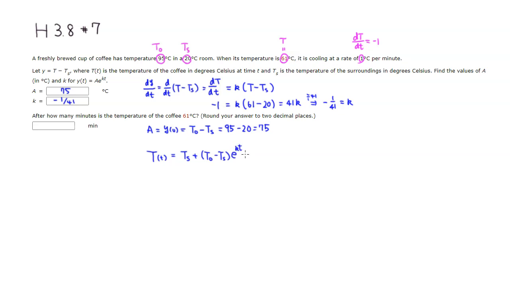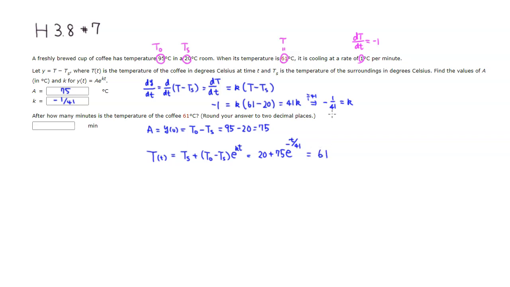Since we know all these numbers, I'm going to put in T sub S is 20, plus T0 minus TS, which we just found to be 75, times e to the negative t over 41. We want this temperature to become 61, so we set it equal to 61.